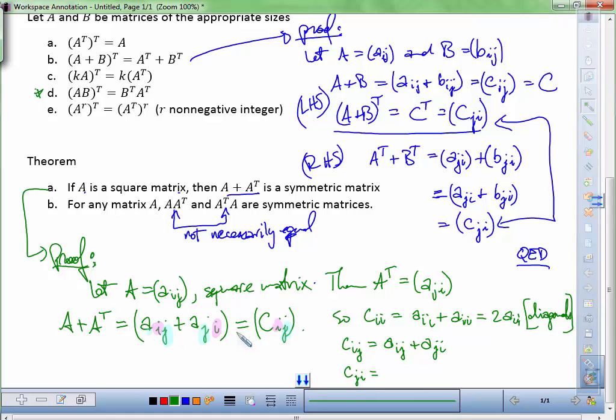So now Cji, I'm switching the i and j indices. If I switch the i and j indices for the first one, this would be Aji. And if I switch them for the second one, that would be Aij. So there's an index switch here, but these two things are equal.